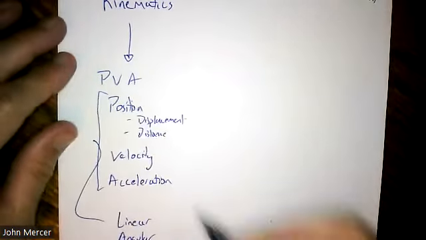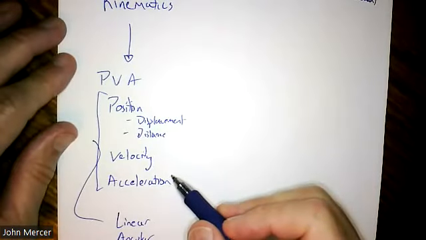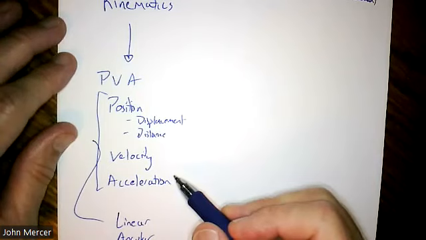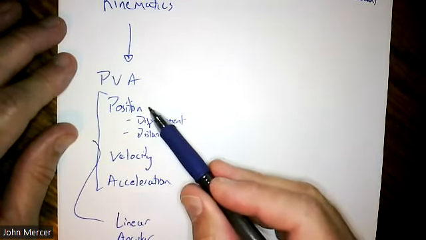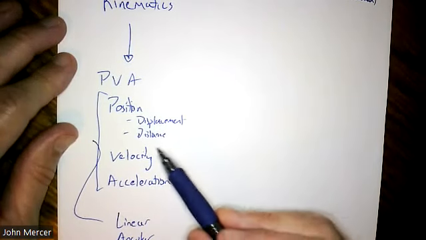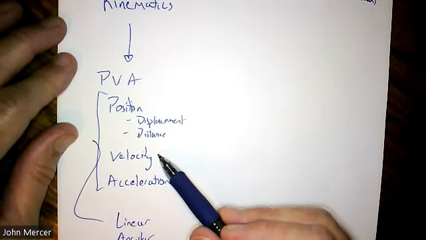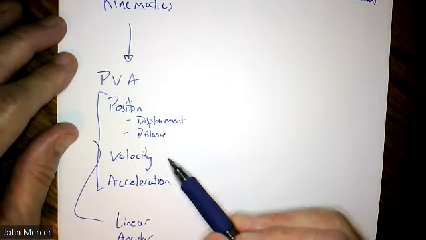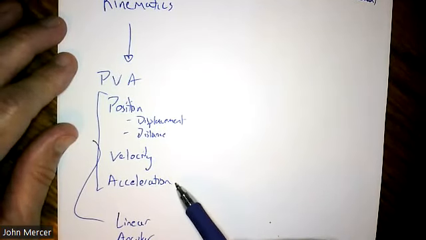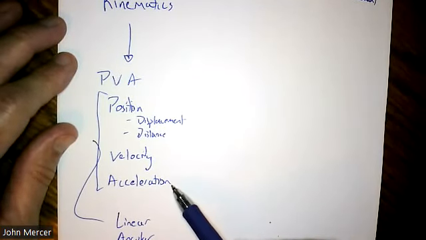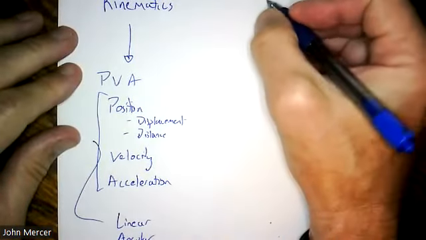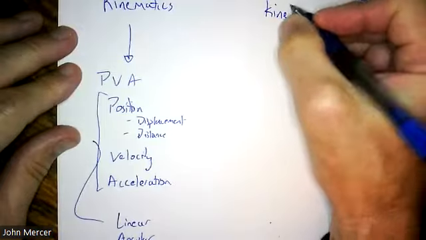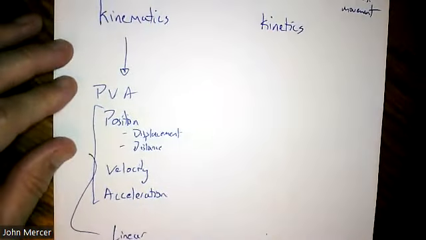So once we have this understanding, we can then try to work towards understanding the forces causing a change in position, the forces causing velocity to happen, and the forces causing velocity to change. So once we do that, we are in the branch of mechanics called kinetics.